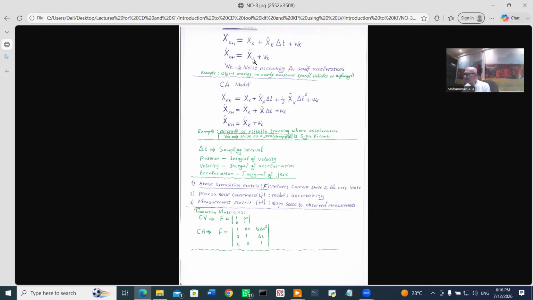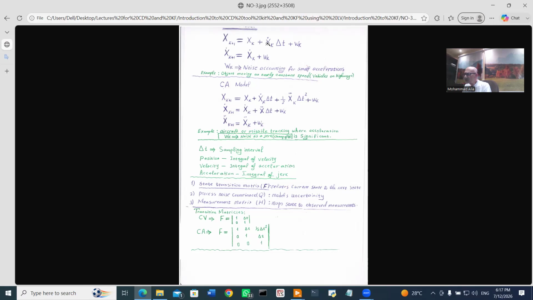But in reality, there are small minute changes, random changes of velocity, which appear as a noise. This noise is represented by the term Wk. This is the process noise, which results as the velocity changes.